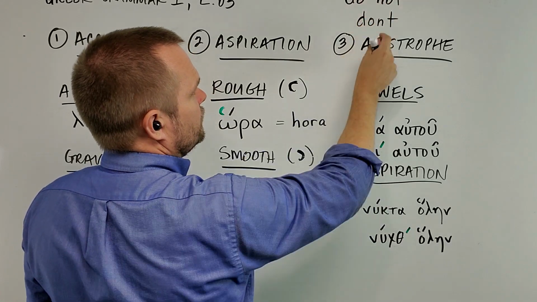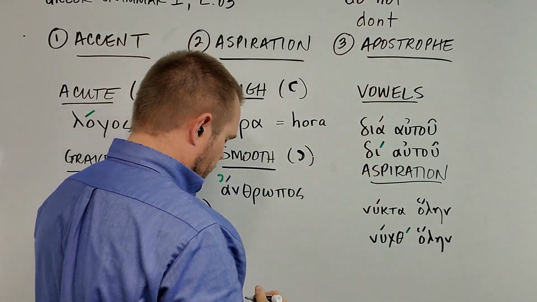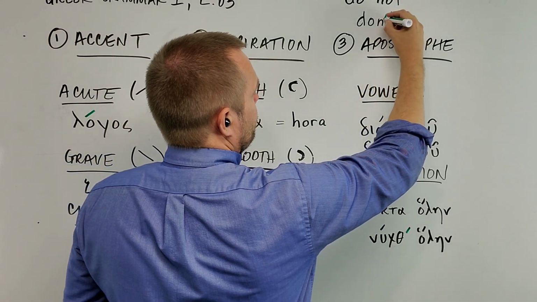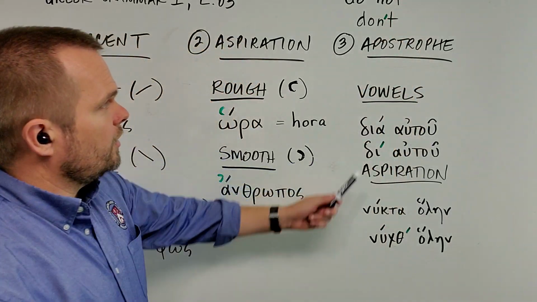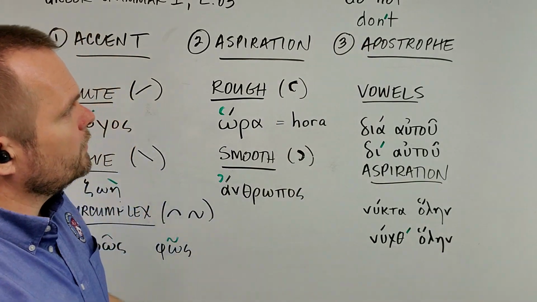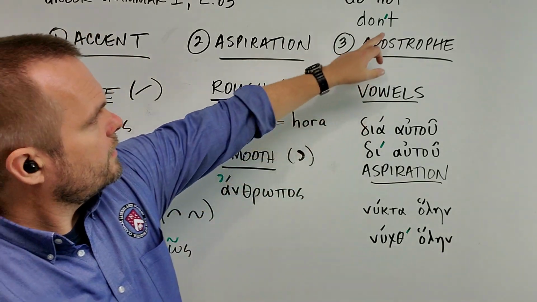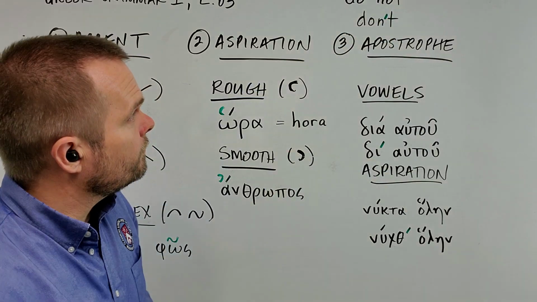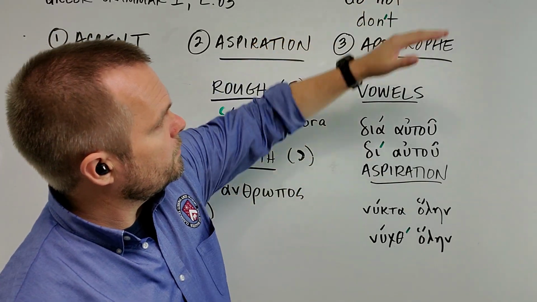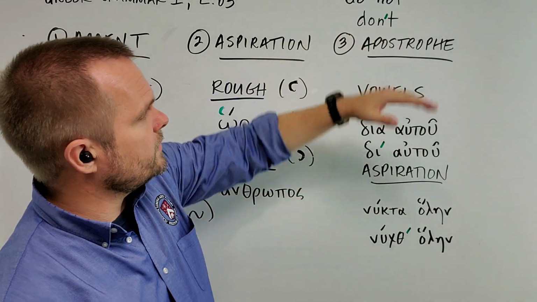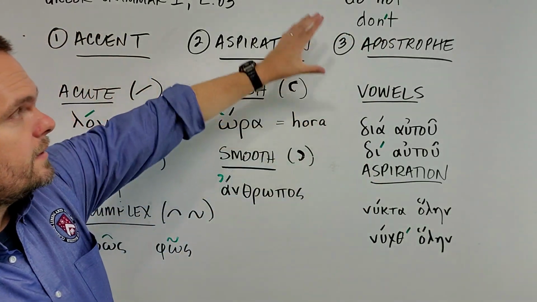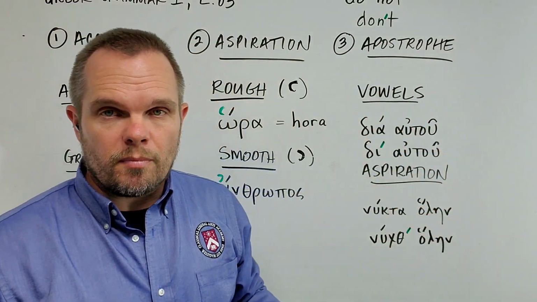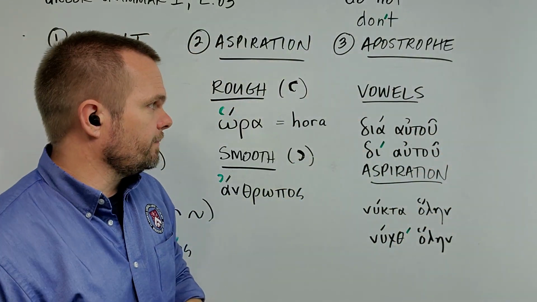We contract these two words to make one word, and we mark a lost letter by what's called an apostrophe. It marks the fact that we dropped this letter O. We turned a two-syllable phrase into a one-syllable word. That's an example of contraction, and contraction is marked by an apostrophe.